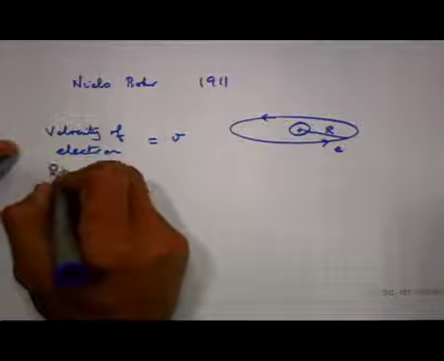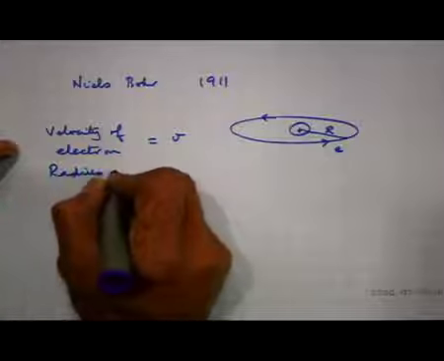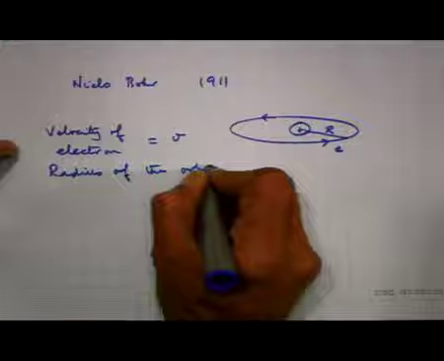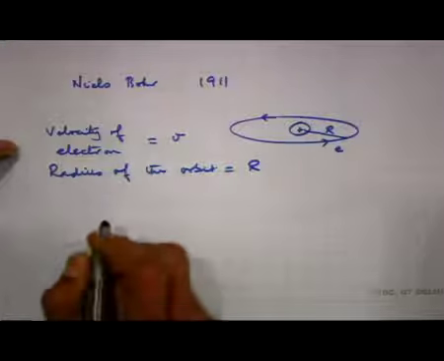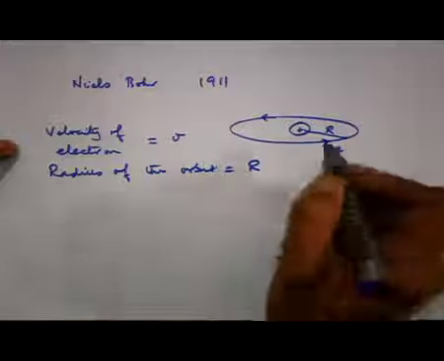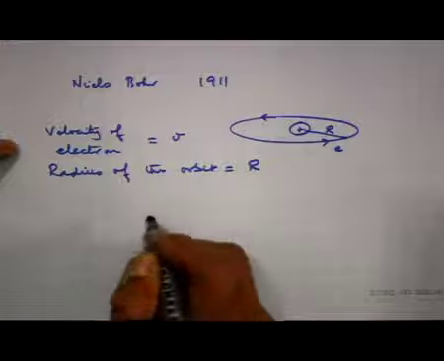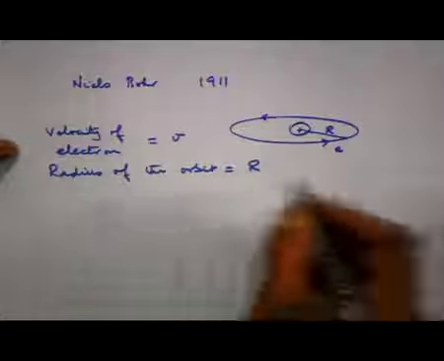The radius of the orbit is equal to r. So, I have an electron circulating around the nucleus at a distance r from the nucleus, and let me assume that the orbit is circular.